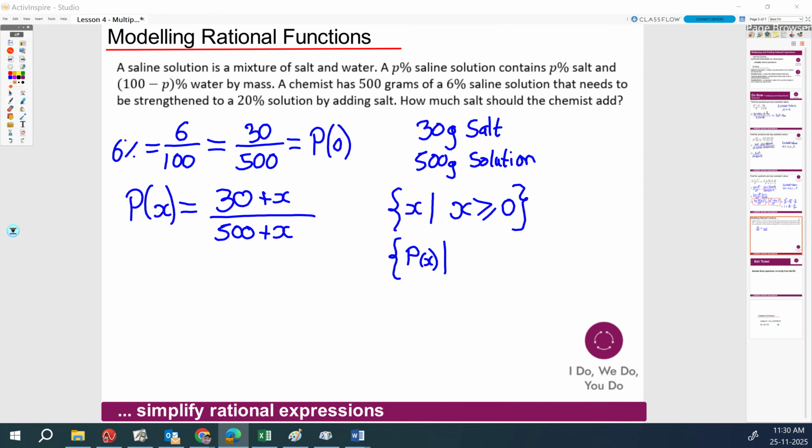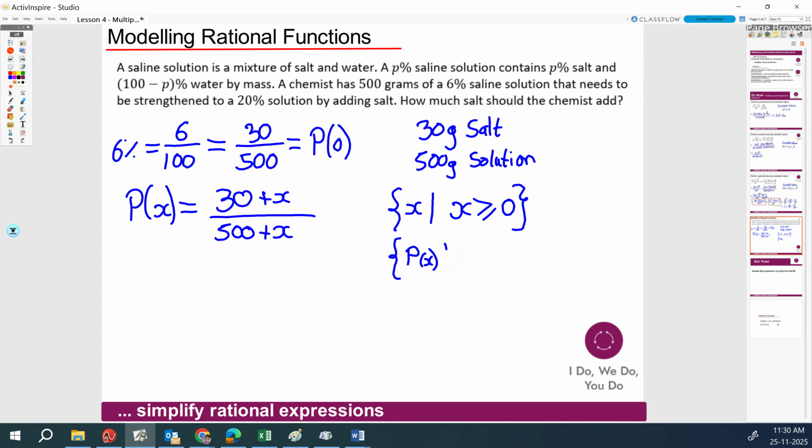No. So what does P of x tell us? The percentage concentration. What is the current concentration? 6%. By adding salt, can we lower that? No. And you can only go up to 100%, so it's 6% to 100%.